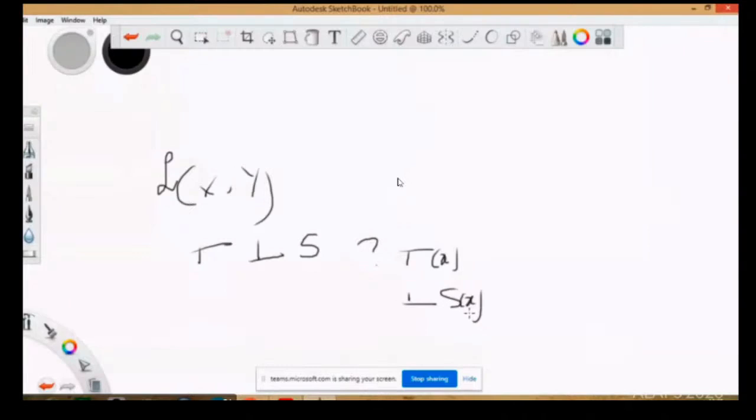So this is the basic notion, and the thing that we want to understand is this notion in the space of bounded operators L(X, Y). If you have an operator T and another operator S, and you want to look at when T is orthogonal to S, is it in some way related to, for some points, the corresponding vectors T of x being orthogonal to S of x? So that is the basic question.